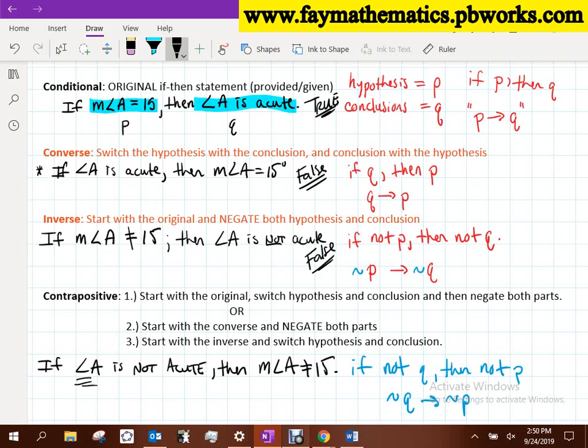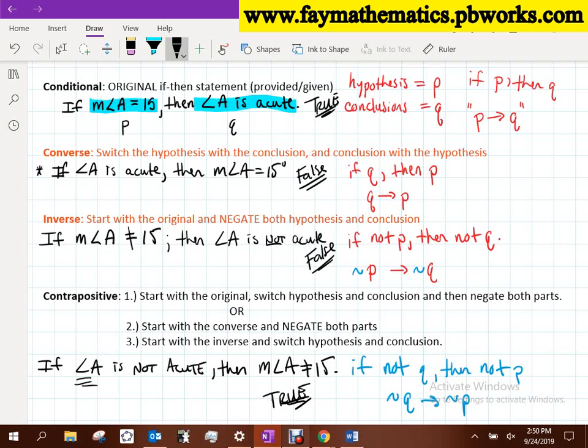Okay? So then that means that it could not have been 15. So this is going to be a true statement, isn't it? Does that make sense? Okay, because that first statement, the if, is narrowing down my focus to things that are bigger than 90. So it makes sense then if it's bigger than 90, then at the same time it's not 15. Is that okay? So that's how you create these statements.